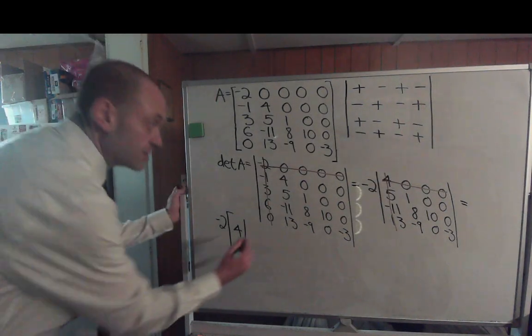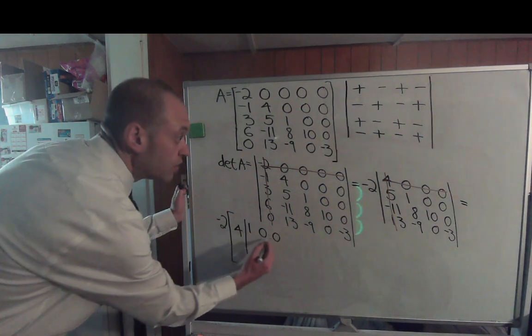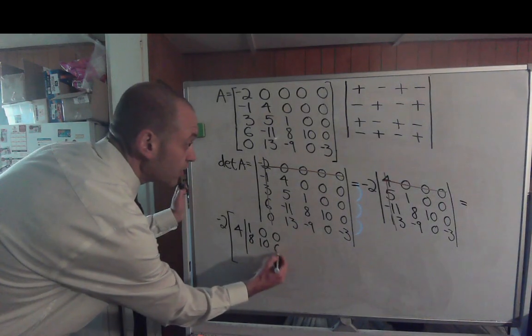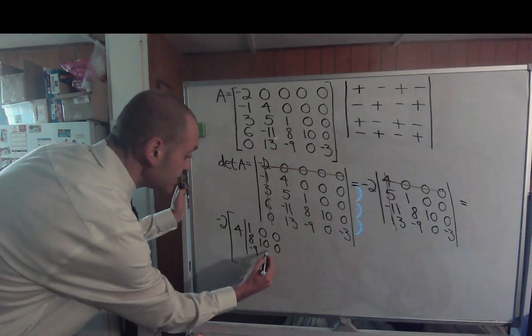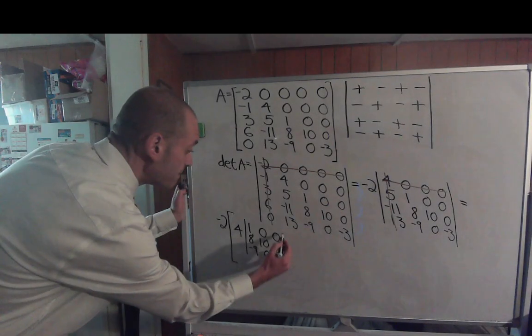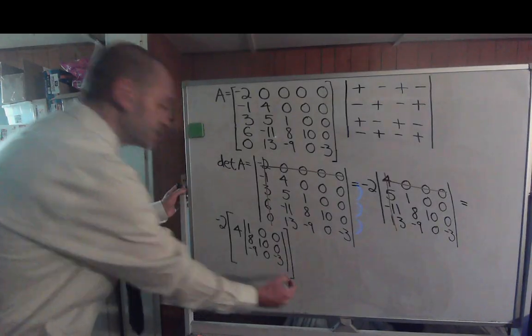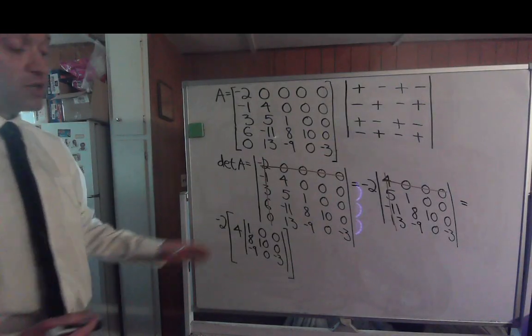So that'll be the determinant of 1, 0, 0, 8, 10, 0, -9, 0, -3. So we got this down a bit, but we still have a 3 by 3.